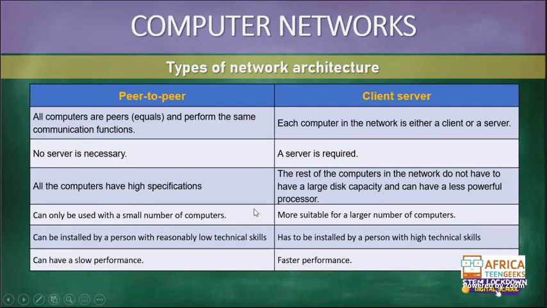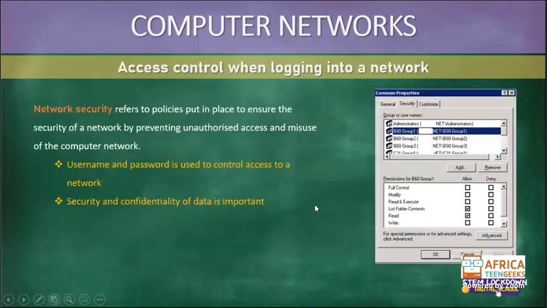And this one is more suitable for a larger number of computers, and can be installed by a person with reasonably low technical skills, whereas this one, you need high technical skills for the server. Peer-to-peer has slow performance, and this one, high performance for the server, because remember, it's providing resources to all the other computers.